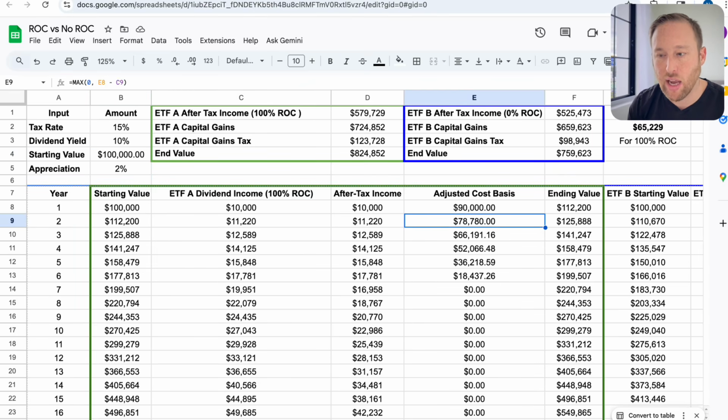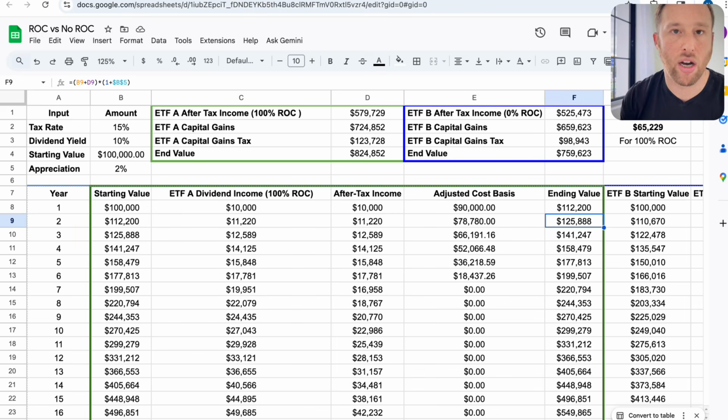But that means a larger capital gains tax bill after year two, because the capital gains would be the ending value of 125K minus 78K, whereas if you didn't have any return of capital, it would be 125K minus 100K, your original cost basis. You can see where the tax deferral element is going, right?